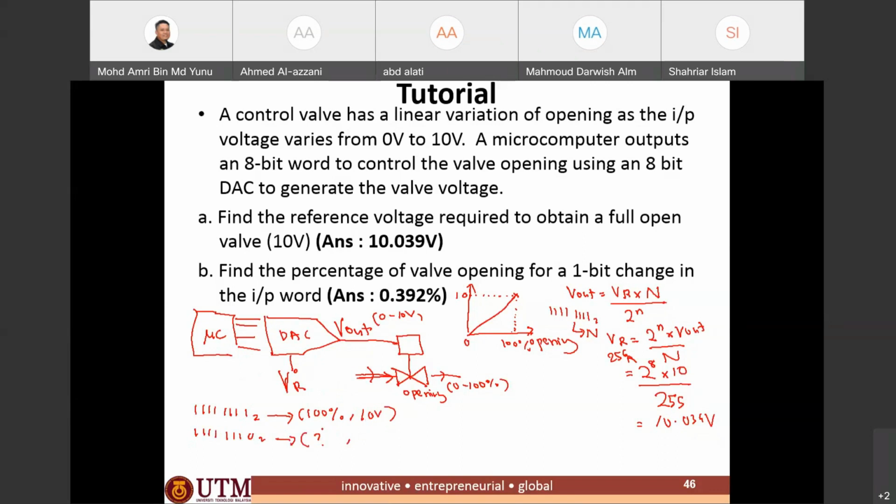Let's say the voltage here is V out 2. So you can find the percentage by taking V out 2 minus the V max, which is 10 volt, divided by 10 volt, multiplied with 100. So you get the percent.